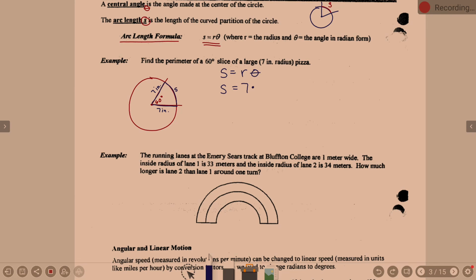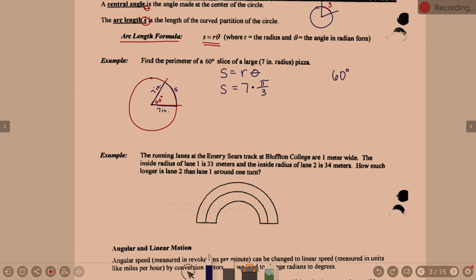60 degrees. Okay, so here's the deal, guys. They gave us 60 degrees. However, I'm going to do a side note here. I think you guys already flipped to the front side and looked it up, didn't you? That's great. Using your resources. I like it.